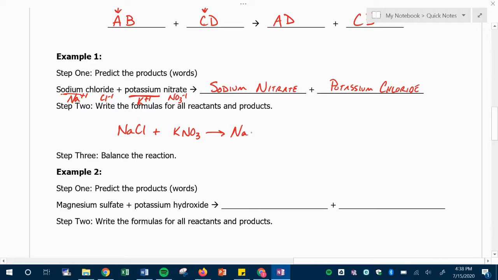So it should be NaNO3 plus then potassium chloride, KCl. Now let's go through and check for balancing. As we're checking, we see the Nas are good, Cls are good, potassium's good, nitrate's good. All right, that means it's already balanced for us, which does happen sometimes.